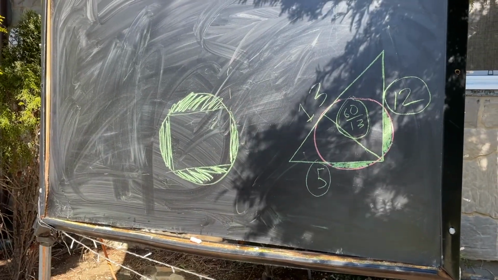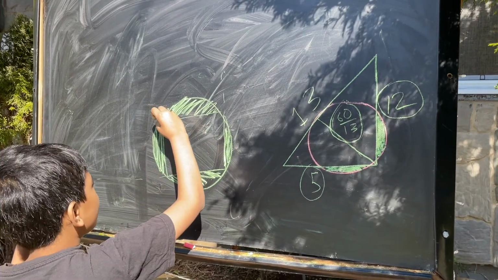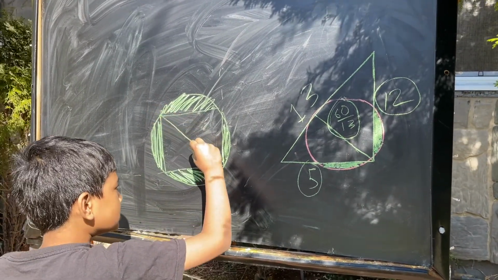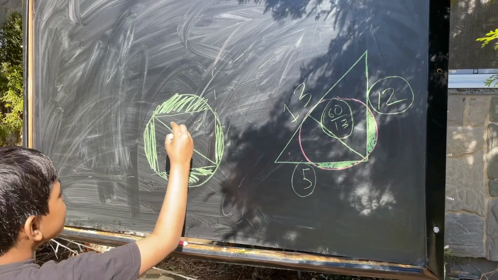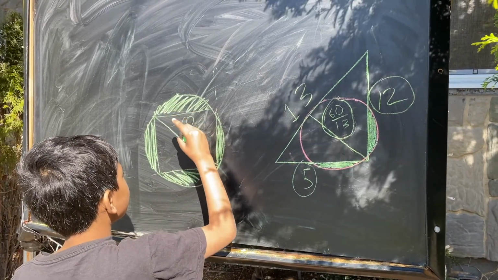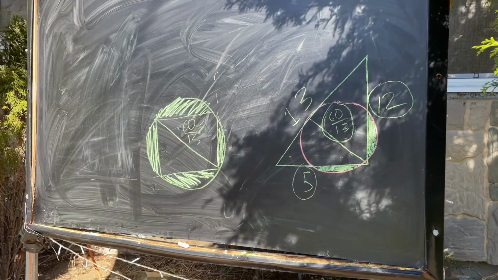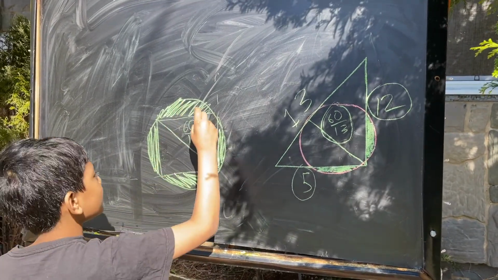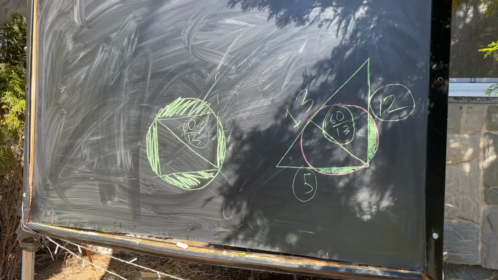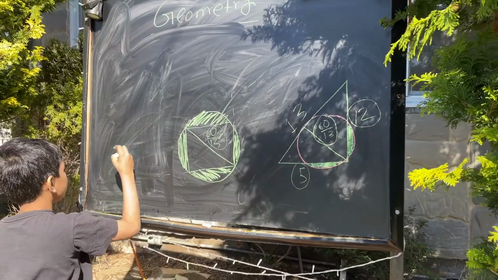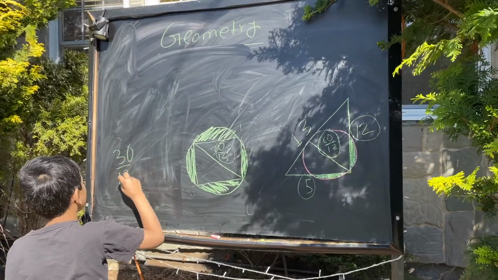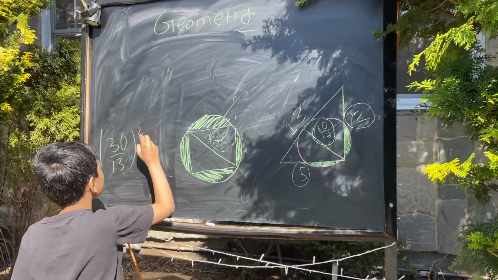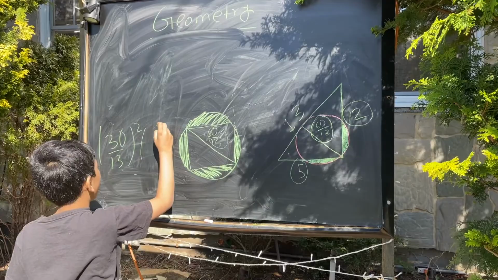So of course the diameter of this and thus the diagonal of the square is gonna be 60/13. Now we can plug this into the equation for the area of a circle, but since this is the diameter, we need the radius. So 30/13 squared times pi.